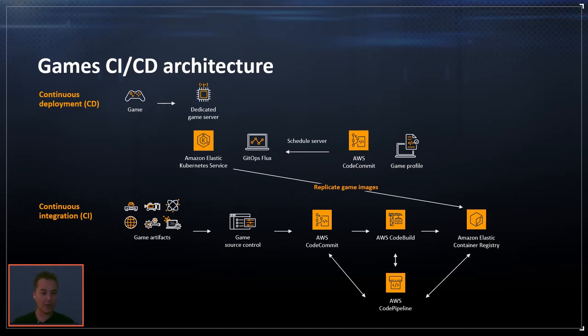Okay, so let's wrap all this into one big picture. Remember this slide. This was the blueprint that Nilam started this presentation with. We started with the game artifact. We aggregate those, building and integrating them with the help of CodeBuild. All of this was orchestrated with CodePipeline, which pushed the image to the Amazon Elastic Container Registry, ECR.